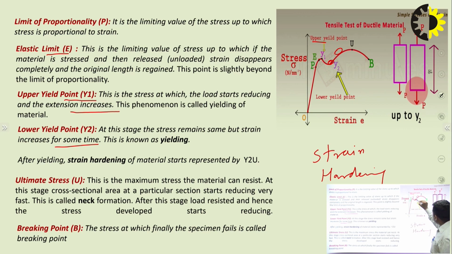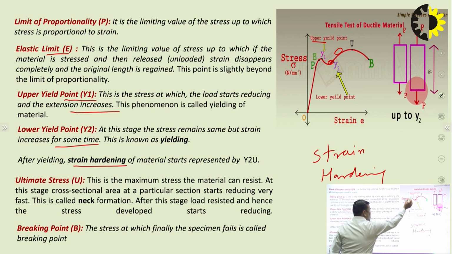It means the material is offering more resistance with the deformation also. Deformation is happening, straining is happening, and it is offering more resistance also. So after yielding, it is written over here also, strain hardening of the material starts in the region Y2 to U. Then the material is reaching up to the point U, which is known as the ultimate stress, the maximum stress which a material can resist.